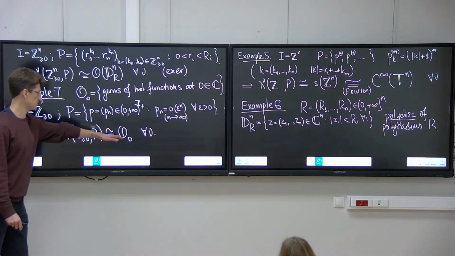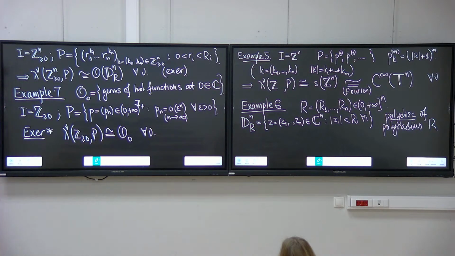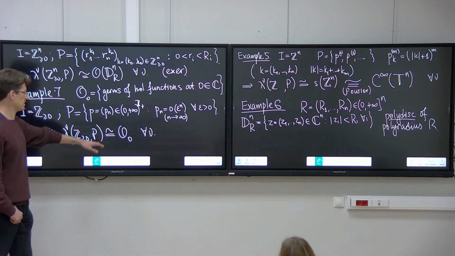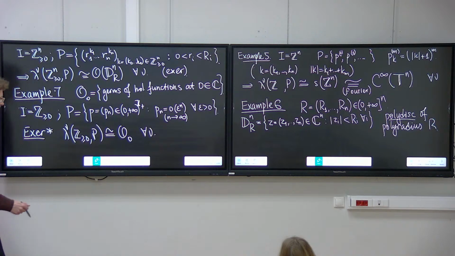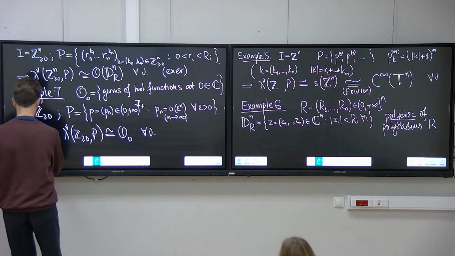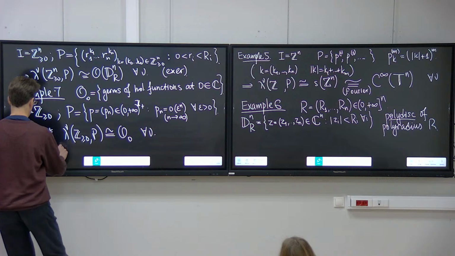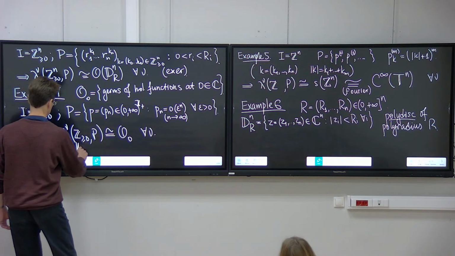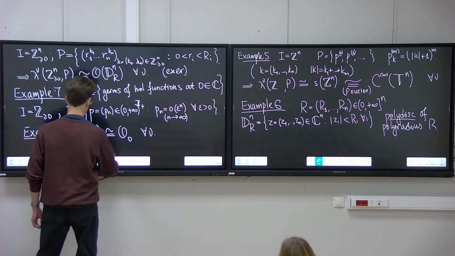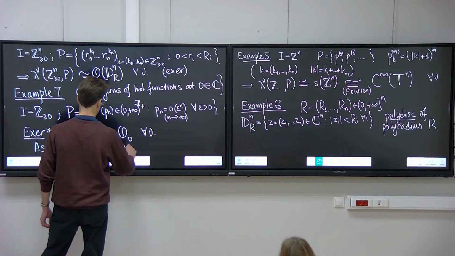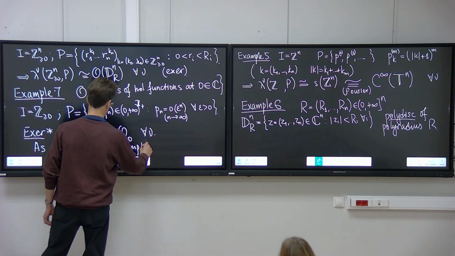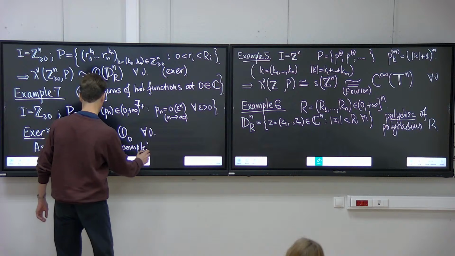It takes every holomorphic germ to its sequence of Taylor coefficients at 0. As a byproduct, we see that this space of germs of holomorphic functions is complete, because the respective Köthe space is complete.